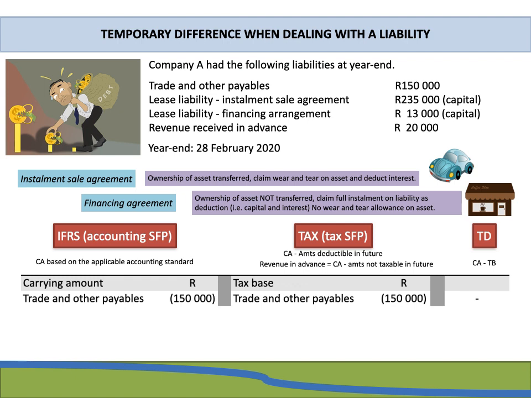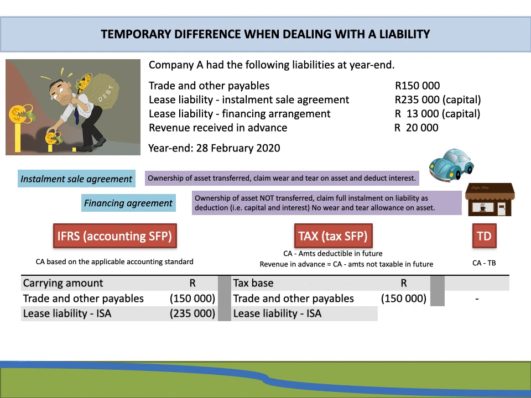When it comes to the lease liability, which is an installment sale agreement, for accounting purposes, the carrying amount is 235,000. For tax purposes, we need to use the carrying amount of 235,000 less amounts deductible in future. But we've said that it's an installment sale agreement, and we know that when dealing with an installment sale agreement, we are not allowed to deduct the capital portion of a lease liability.